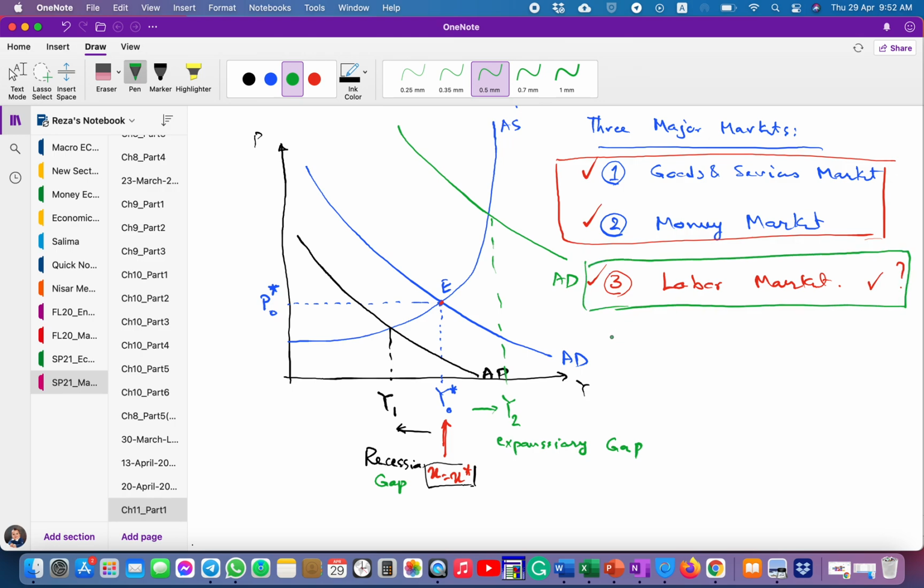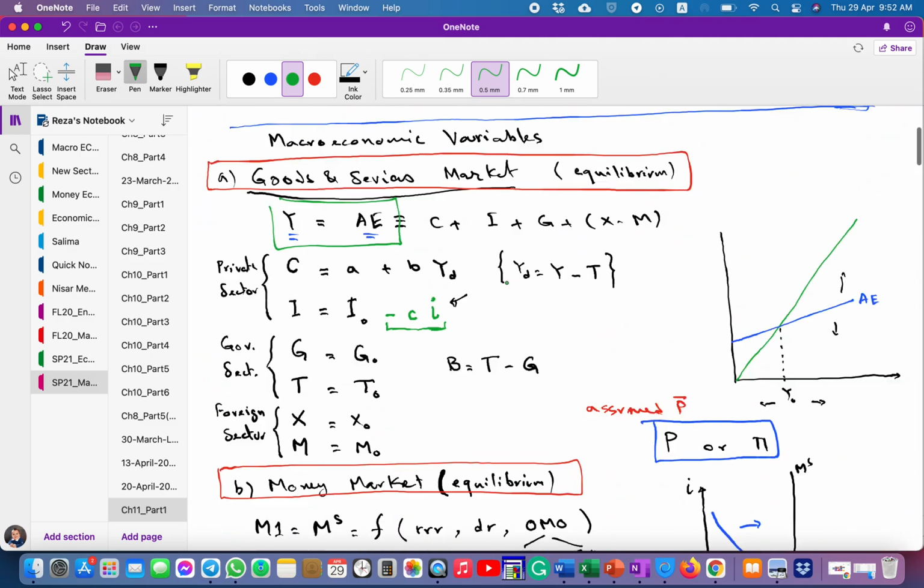Depending on the situation in the labor market, we would say that the equilibrium in the market is suitable or not suitable. So E prime, E double prime. This brings us to our ultimate target.